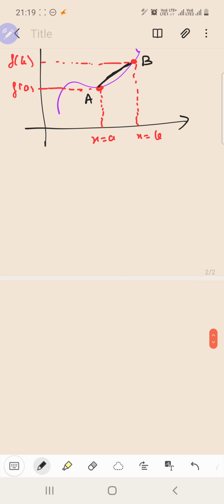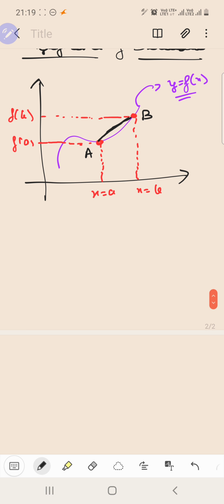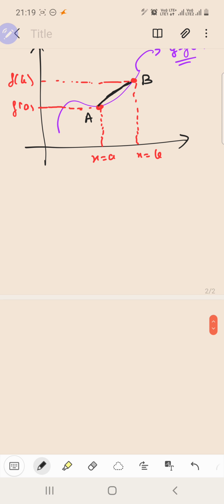Now what is the slope of this line AB? Let that particular slope be given as, say, m. The slope of this line AB will be (y2 − y1) over (x2 − x1), right?